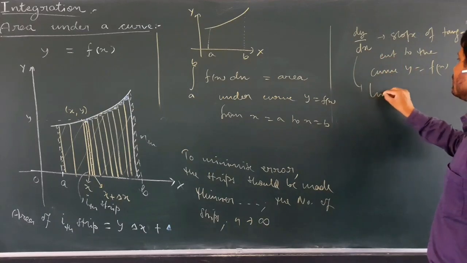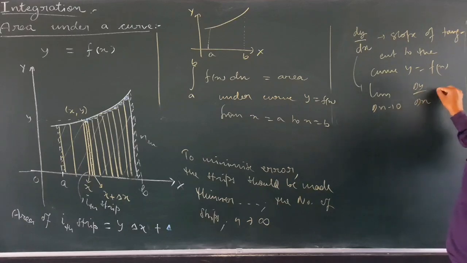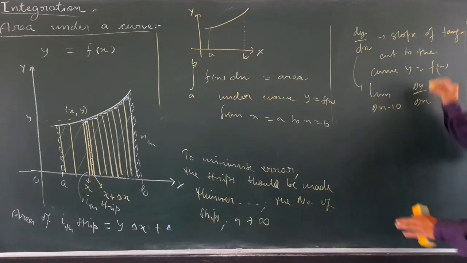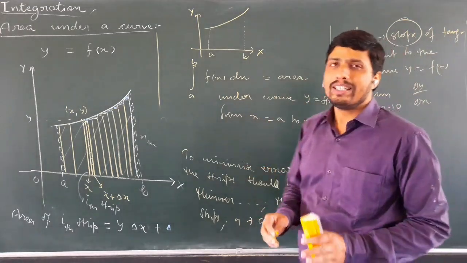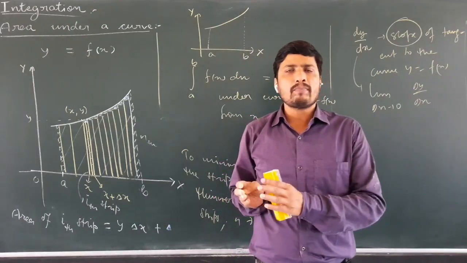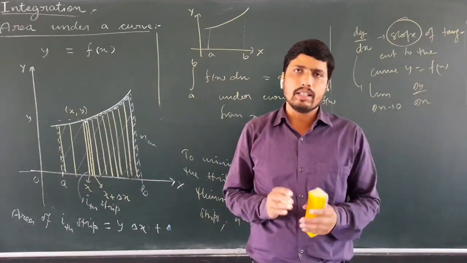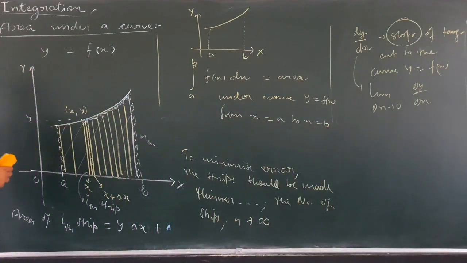And this we have defined as the limiting value of delta y by delta x when delta x tends to 0. So this is geometrically the slope of the tangent, and integration is geometrically the area under the curve. So one is the slope, the other is the area. I hope this concept of integration as area under the curve is clear to you.